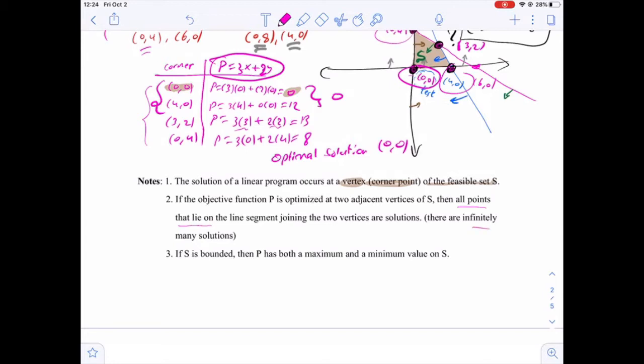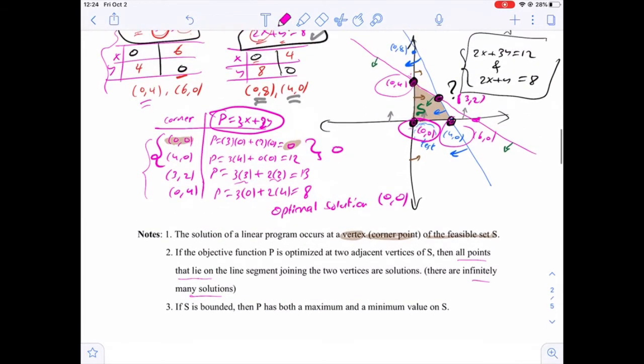So there are infinitely many solutions. Any point on that line, for example this point here, 2, 0, is a solution, and any other points on this line segment will be a solution.